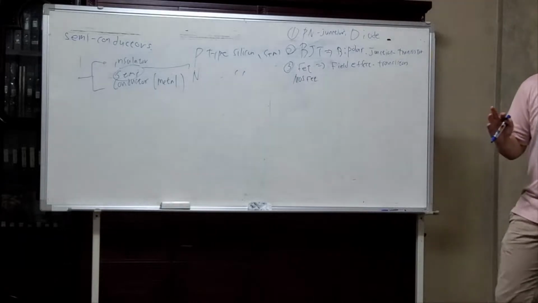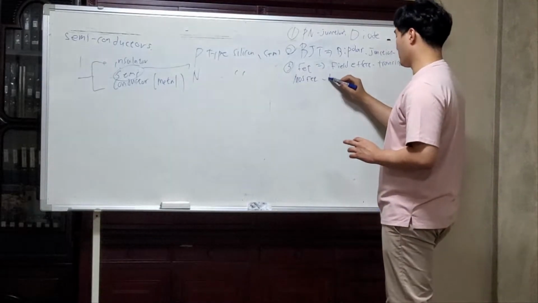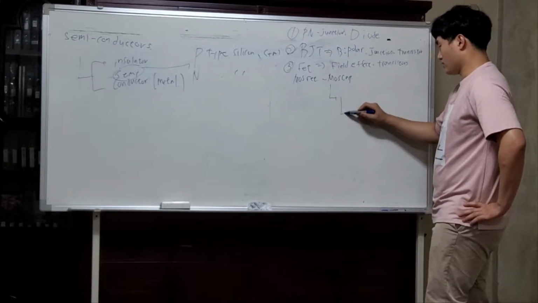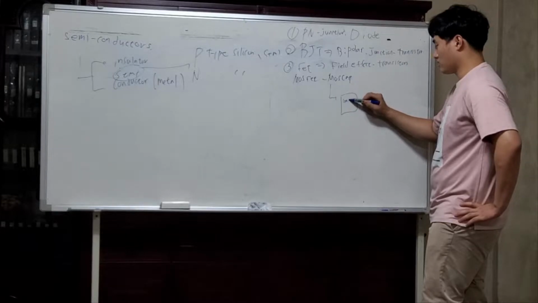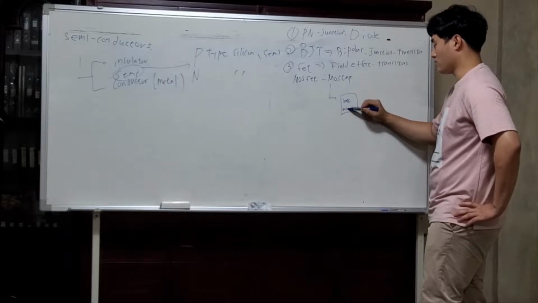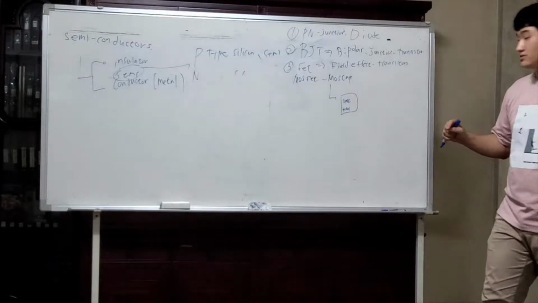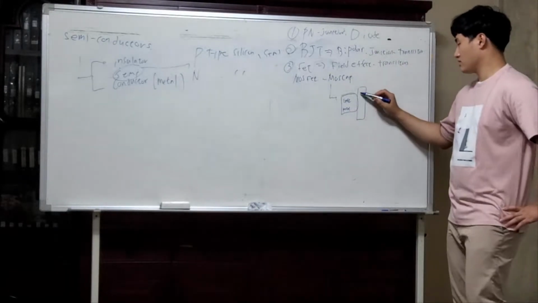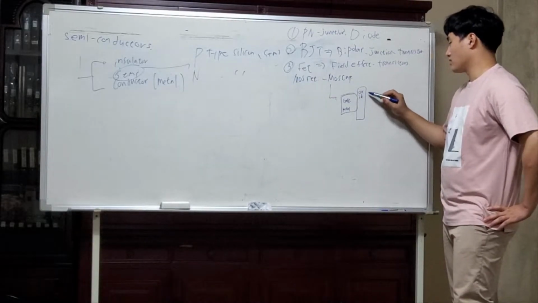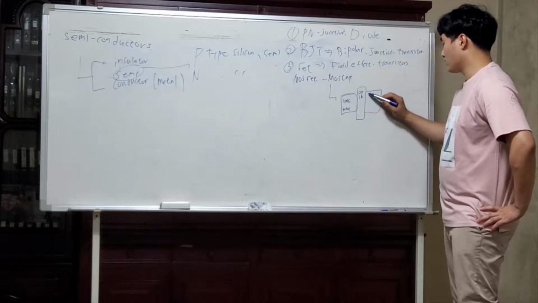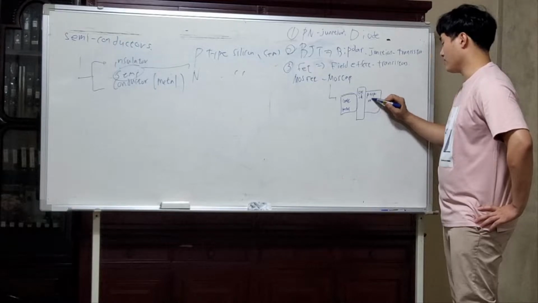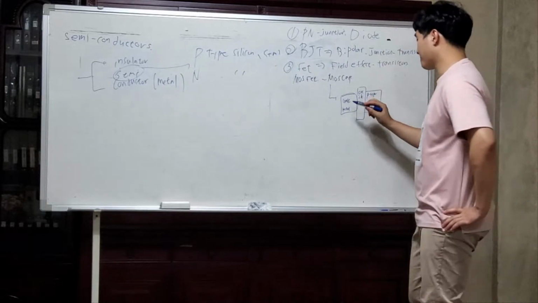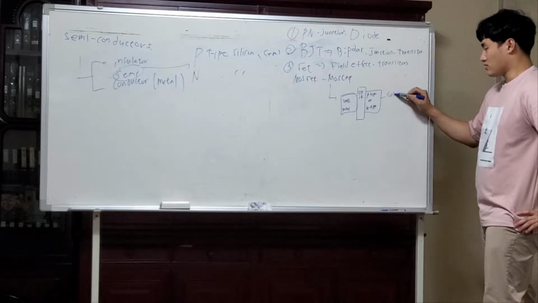The MOSFET has the gate, working as metal or poly silicon, then the insulator or oxide, and here the P-type silicon or N-type silicon. Here, the substrate is just P-type.